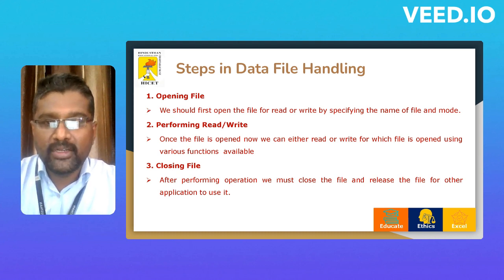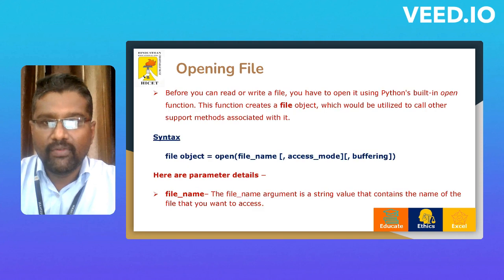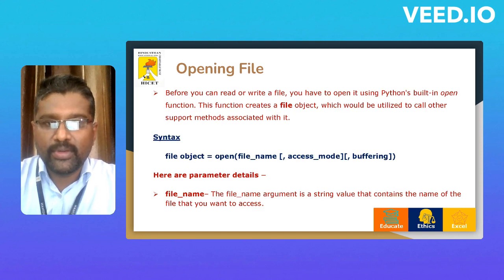There are plenty of built-in methods available in Python for opening, reading, writing, and closing a file. This is the syntax for opening a file. Once a file needs to be created or opened, we need a file object. It can also be called a file pointer or file handler to handle a file.